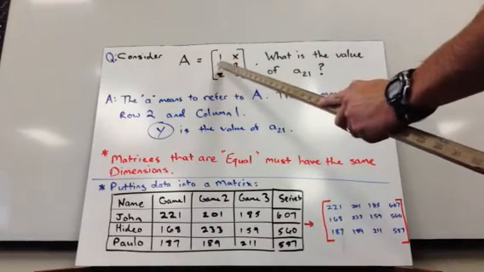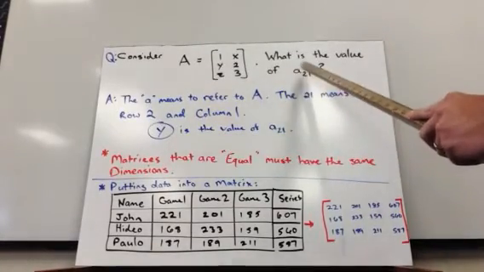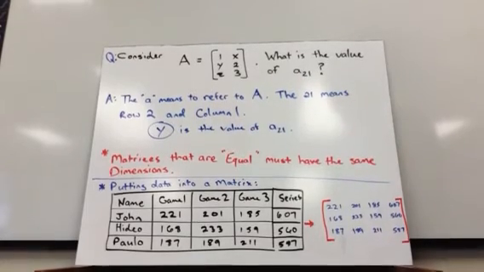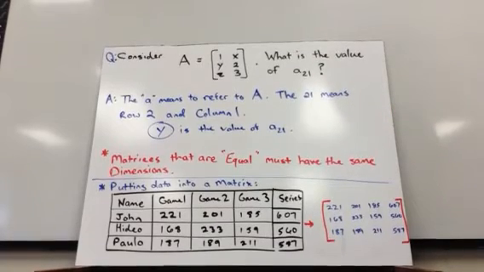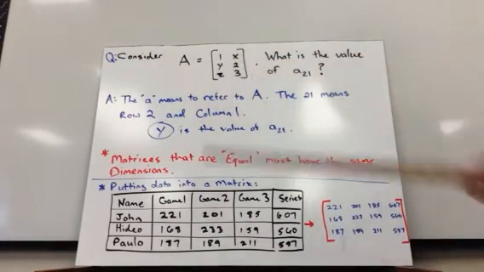And we look at the column 1, we notice that the y is actually in that location. So the answer for the value of A21 is y for that matrix. All right. For example, what if we said element A12? We would think about row 1 and column 2, so that would be the x.